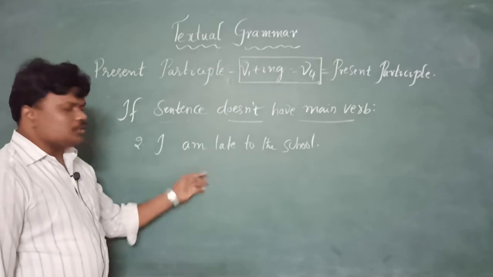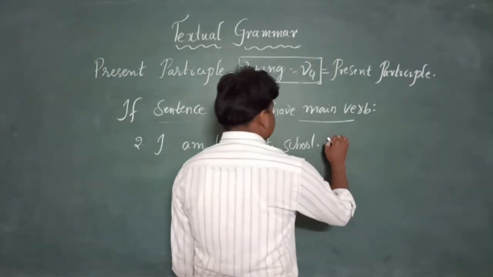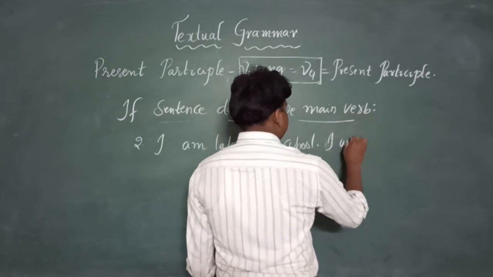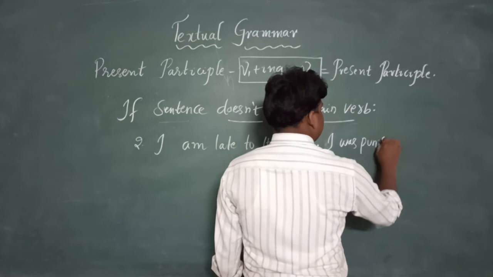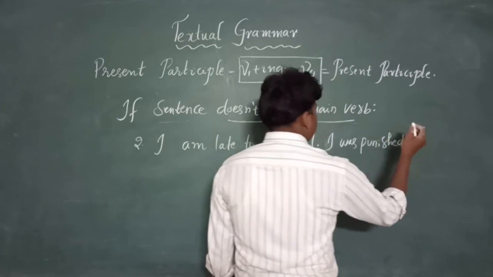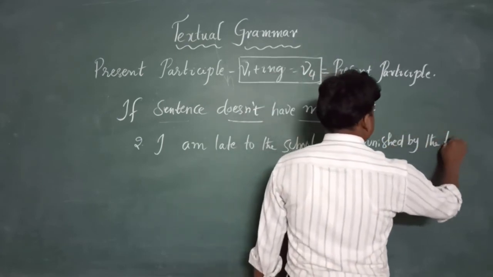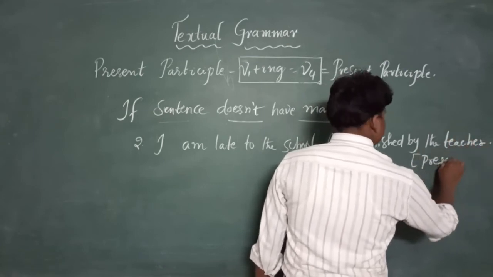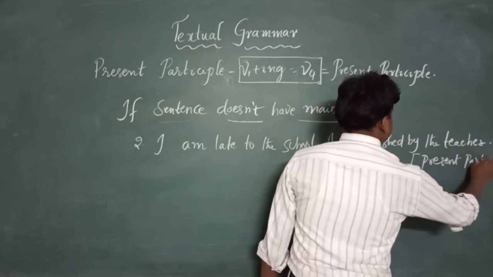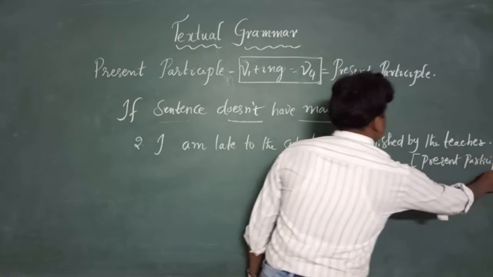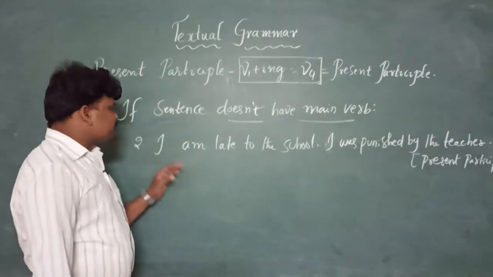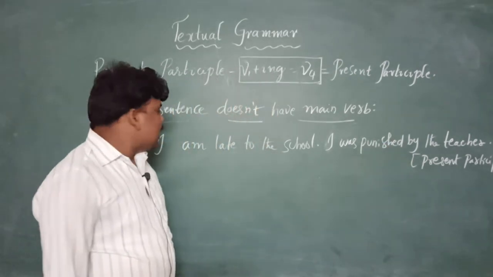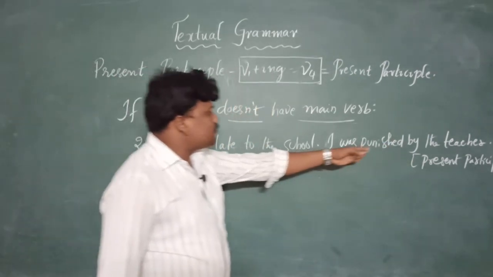I am late to the school. Present participle. See the two sentences. I am late to the school, full stop. I was punished by the teacher.